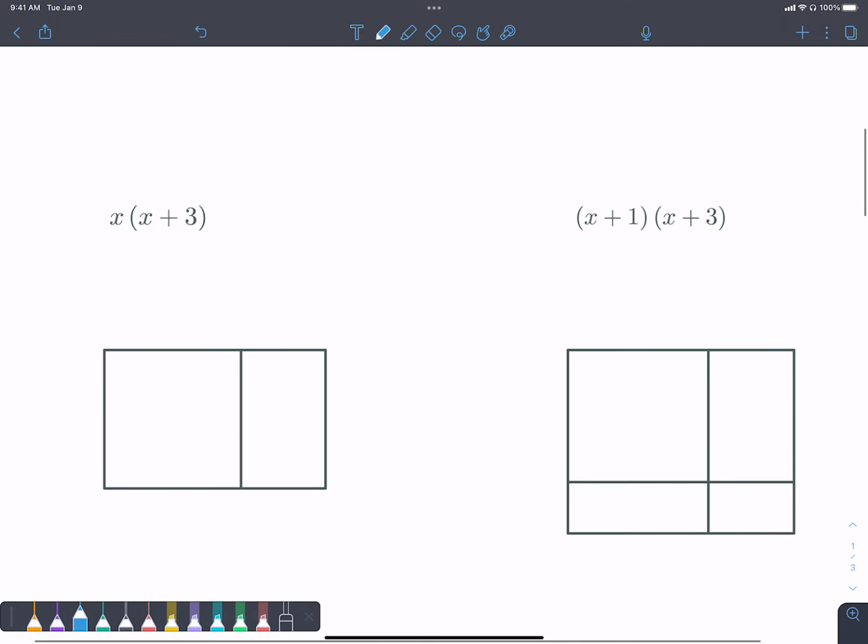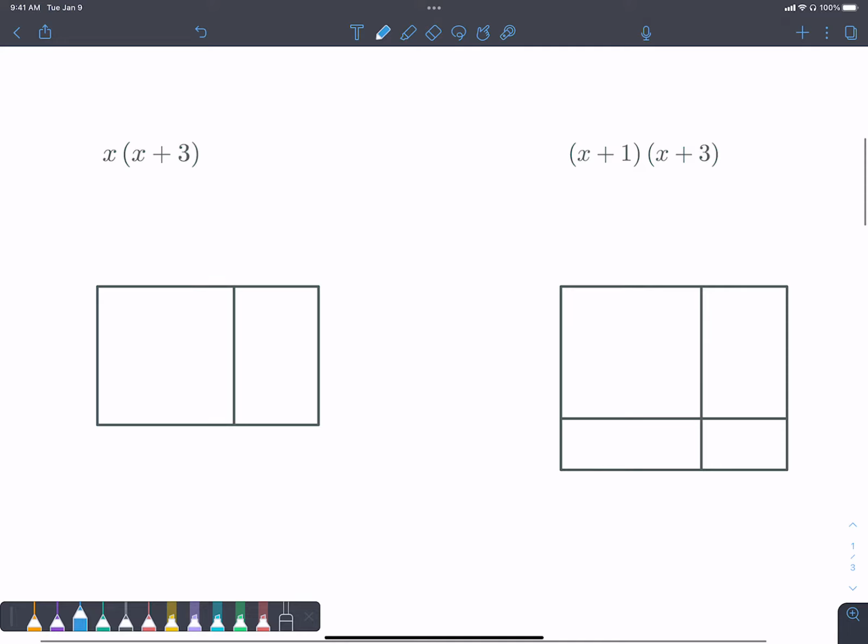But what happens if we have one of our dimensions being x? That doesn't really change anything. I'm going to put x here, and then I'm going to put x plus 3 here. So again, we find the area of this piece and the area of this piece.